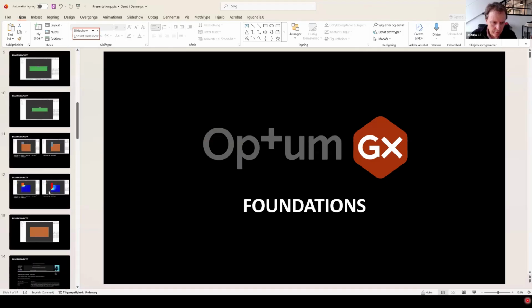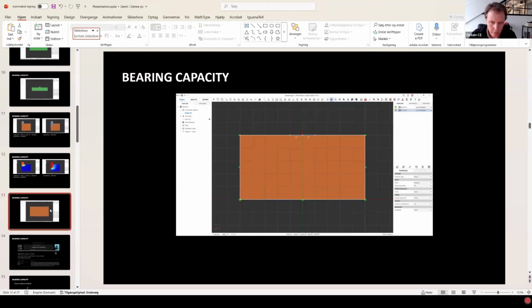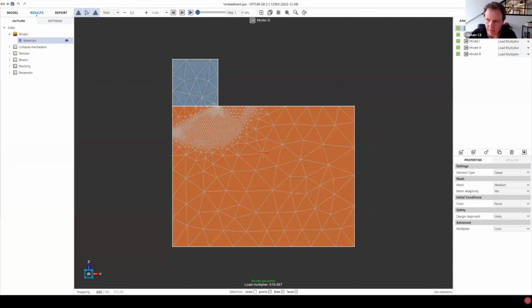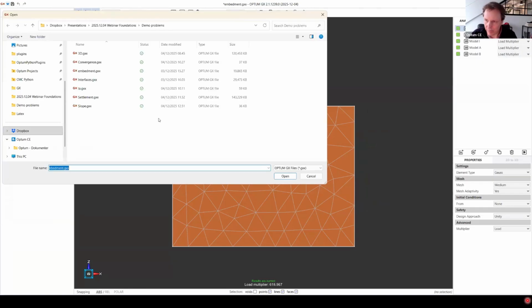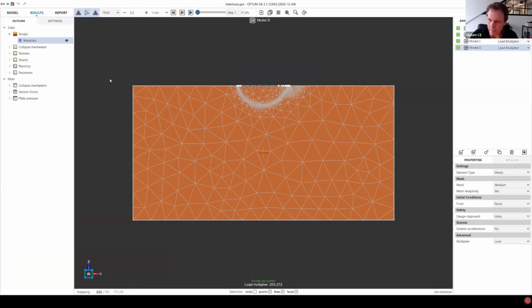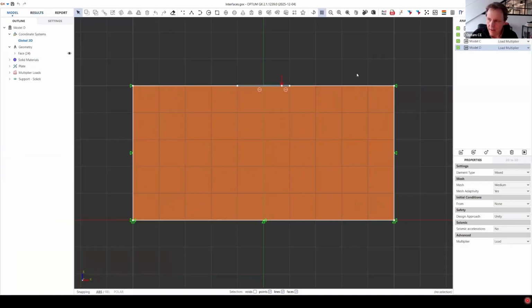So I said there were two ways of modeling foundations. One where you actually model an actual foundation, a rigid block, a concrete block. And the other possibility, which is also often useful, is to use a rigid plate instead.